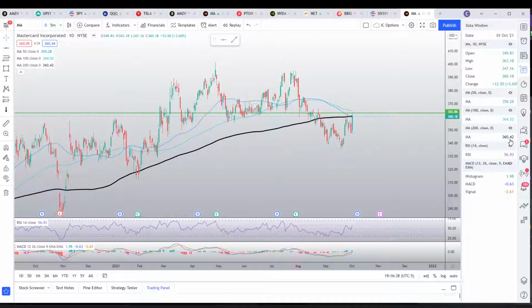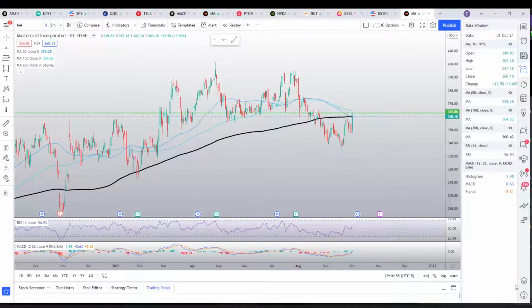Now where did we close on Friday? Look at it, right underneath that. So for now, that is your resistance. That 360.42, the 200 moving average, is your resistance.